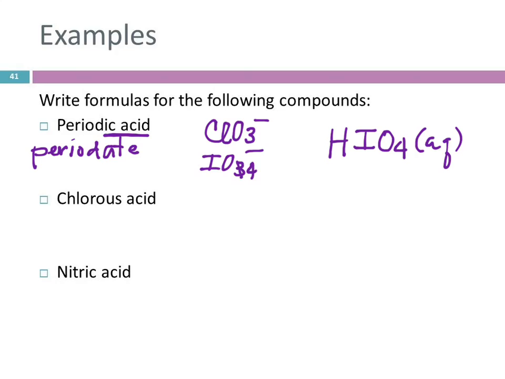Question? So the hydro, you only use that when there's two elements? Two elements, hydrogen and another element. If there's an oxygen in there as well, then you don't use the hydro. So let's look at this one, chlorous acid. We change ous to ite, right? So this becomes chlorite.